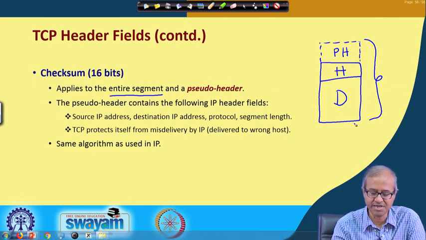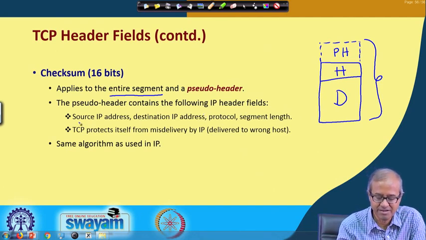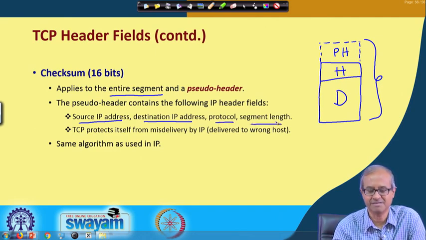What does this pseudo header contain? The pseudo header borrows some of the fields from the underlying IP. That is not strictly part of the TCP header, but it borrows something from IP like source IP address, destination IP address, which protocol it is using, TCP or UDP, and what is the length size, right.